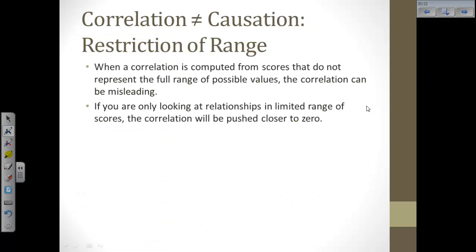Another problem with correlation, why correlation doesn't equal causation, is restriction of range. So restriction of range is something that happens when you don't really have the full range of all the values for X and Y that you would see in the population at large. So if you're only looking at limited range of values for the variables, you can actually underestimate the true relationship between two variables.